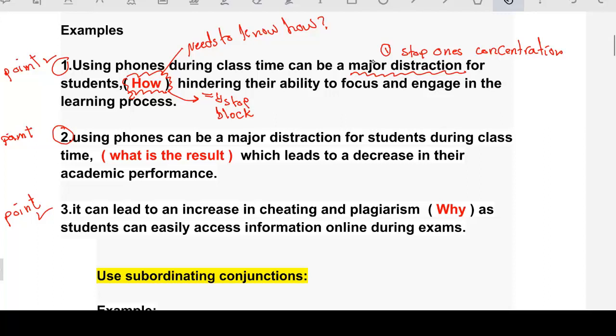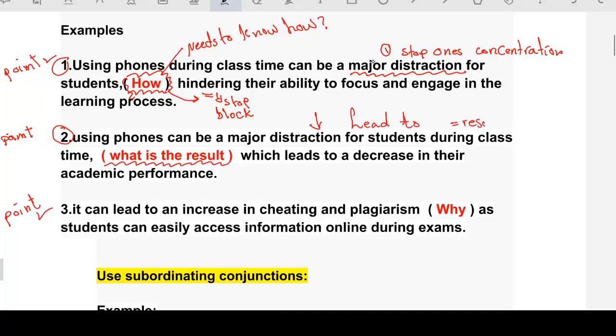Point 2: we said the same point here, and it can be expanded or explained in a different way. Using phones can be a major distraction for students during class time. I already told you this point, but what is the result? What may happen after that? What may the distraction for the students lead to?